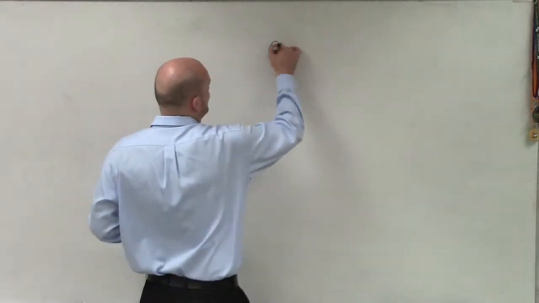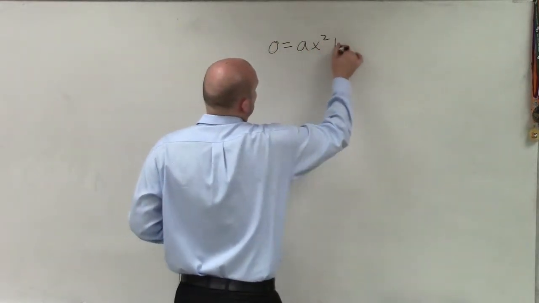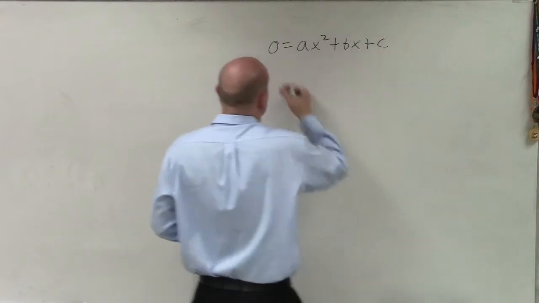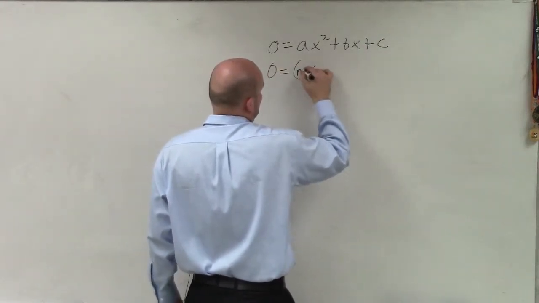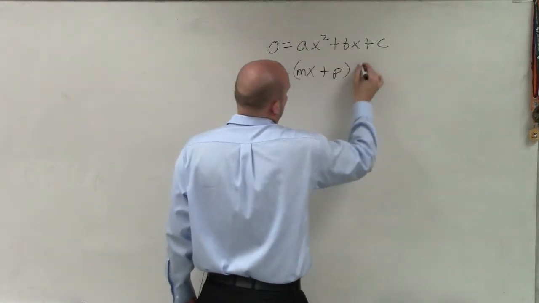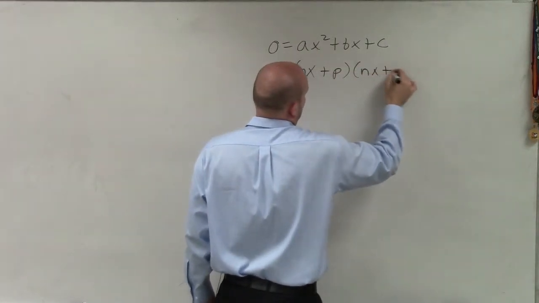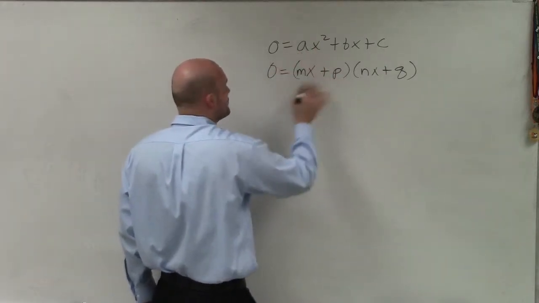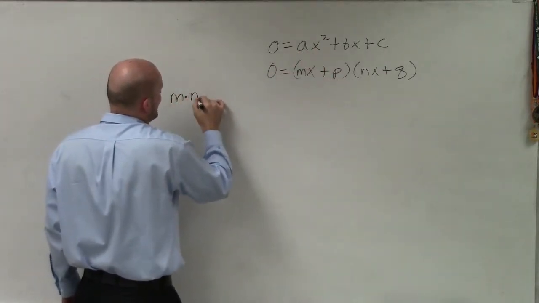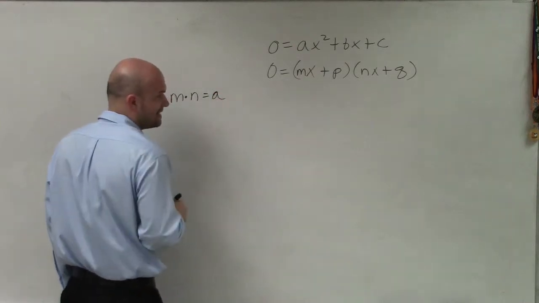And one of the most important things, especially about using the X method, is to make sure that when you factor this, whenever I have a product, ax squared plus bx plus c, the main thing is when you determine your factors, remember I spoke about when we have an a right there, we know that m times n has to equal a, right?